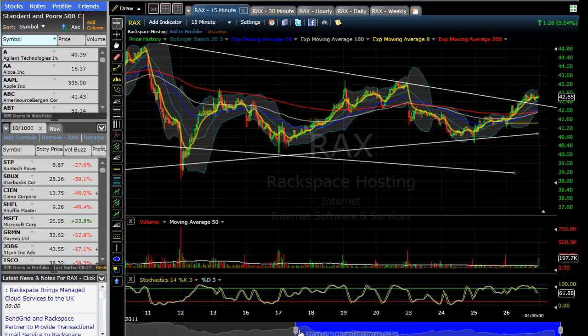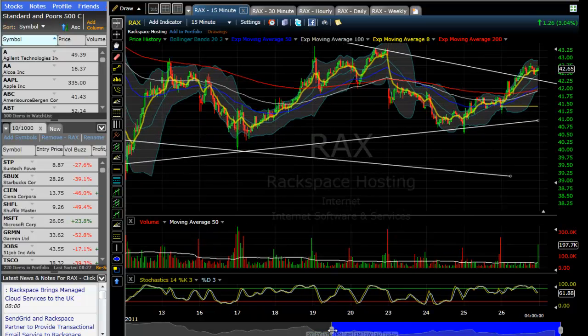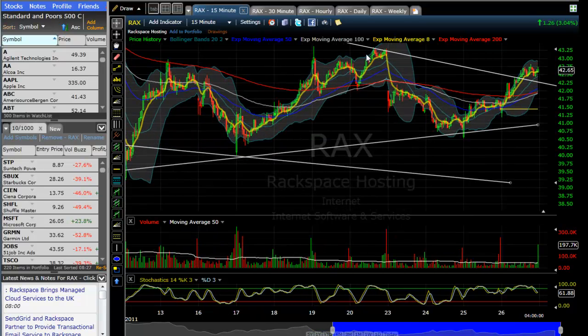So the 15-minute on RAX has kept us in this trade where we got to the upper trend line. We sold here. We waited till we got back down, and I should say we sold half of our position. We waited till we got back down to this lower trend line, a high probability location, and we got back in on this trade.